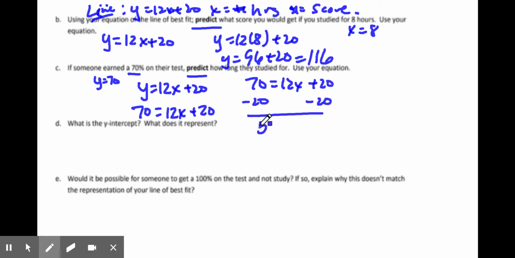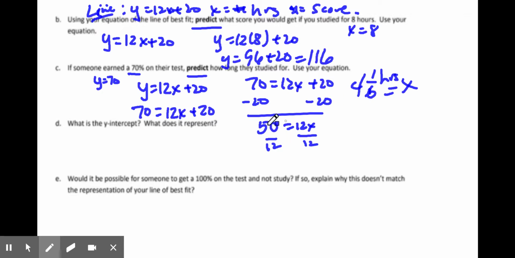We have 50 equals 12x and divide by 12. And you get x equals 50 over 12, which is 4 and 1/6. Okay, 4 1/6 hours is what you studied for.